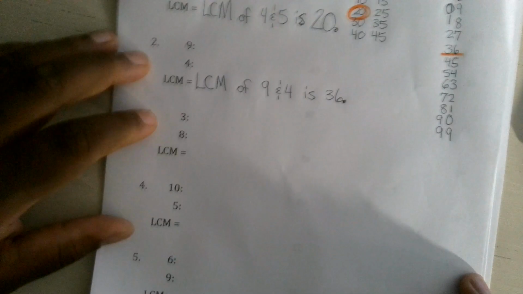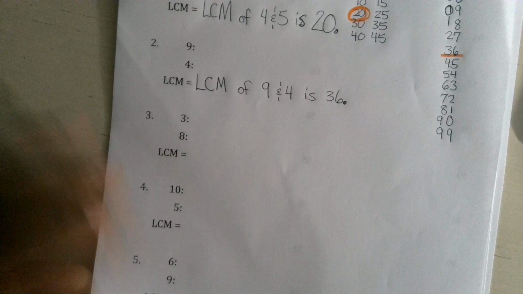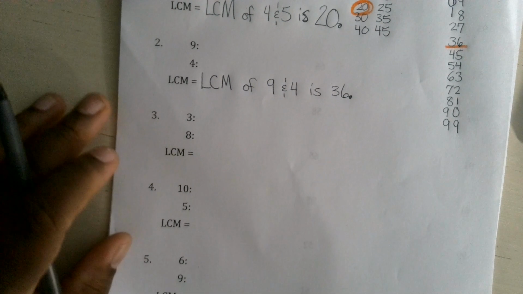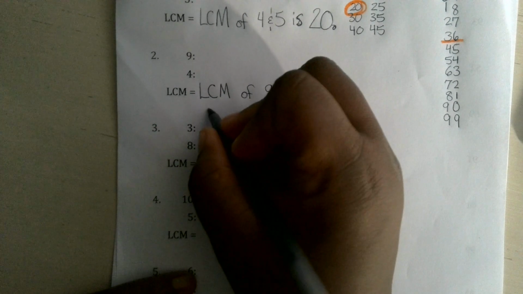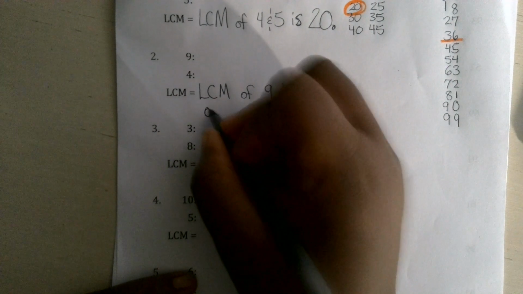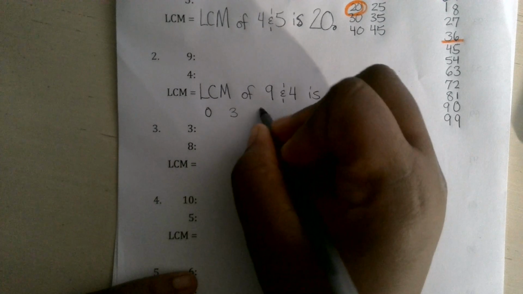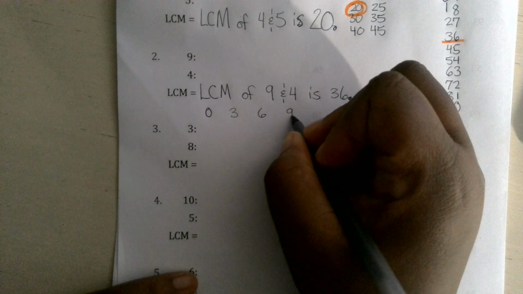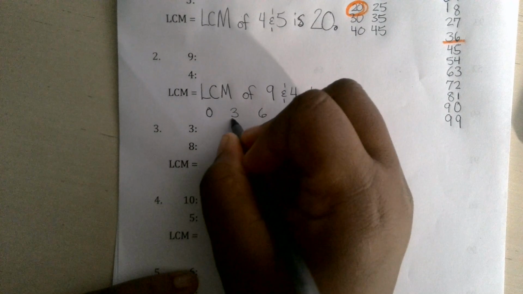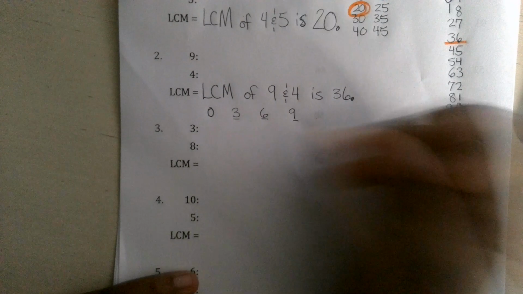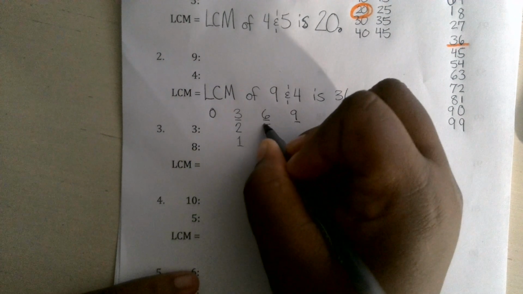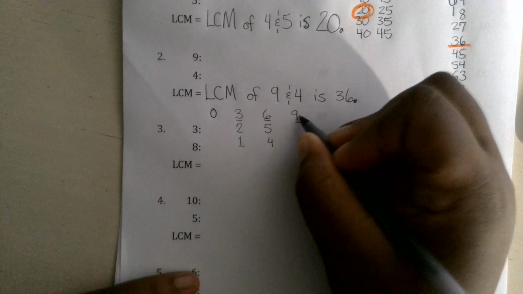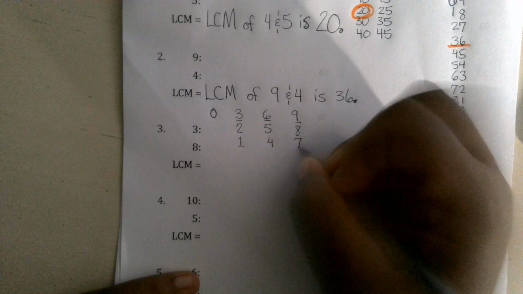Now I need the least common multiple of 3 and 8. I don't have a multiples map for 3 or 8, so I'll have to write them out. My 3's. 0 is my anchor, and then 3, 6, 9. I'm going to underline that units digit, because from there I'm going to count down: 3, 2, 1, 6, 5, 4, 9, 8, 7.